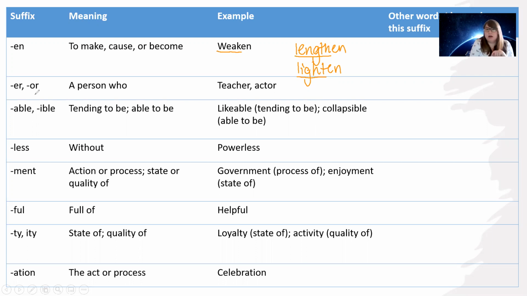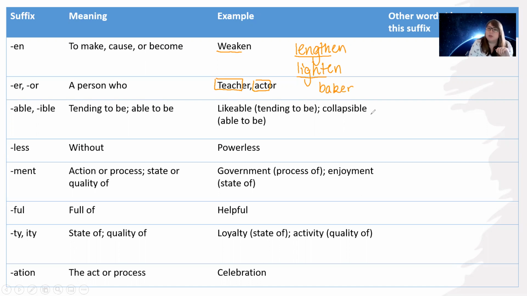Er and or always talk about a person who does something, like teacher or actor. So what we want to keep in mind here is that not all jobs fit into this category. Teach and act are your root words. They stand on their own. And when we add the er ending, what we notice is that it talks about a person who does this thing now. So another good example might be a baker.